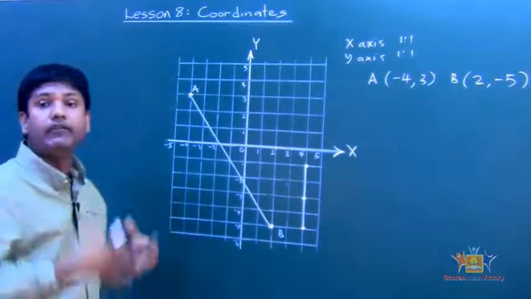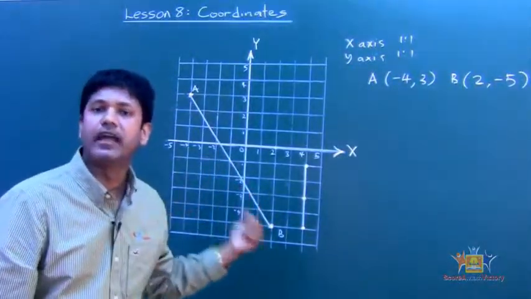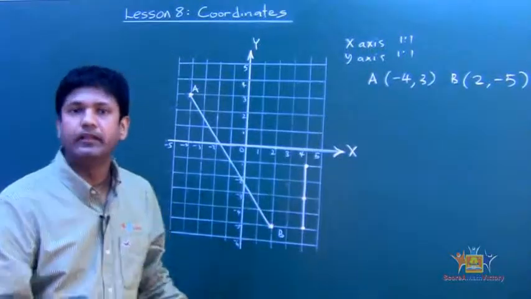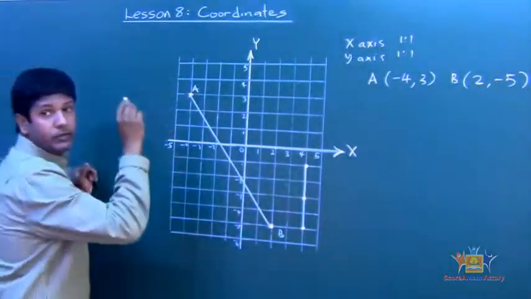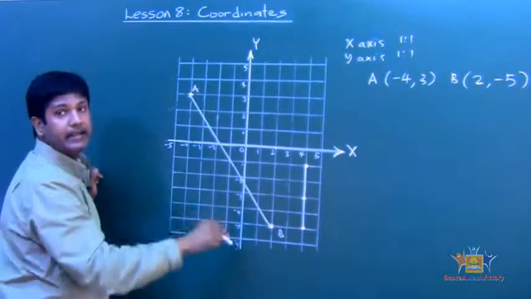So we've got to find a different way of locating the center point of this line. How do we do that? We do the same thing we did in the previous lesson, finding the distance.